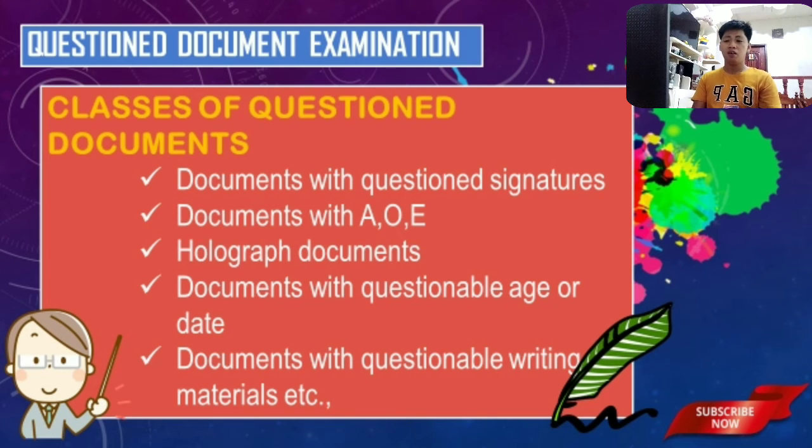Di ba? Parang, halimbawa, namatay na yung lolo't lola mo. Then bigla na lang lumilitaw yung isang apo niya or isang anak niya na kung saan pinapakita na may ginawa si nanay na ganito, may ginawa si nanay na testament na kung saan sa akin daw ipapamana lahat yung ari-arian niya, no?